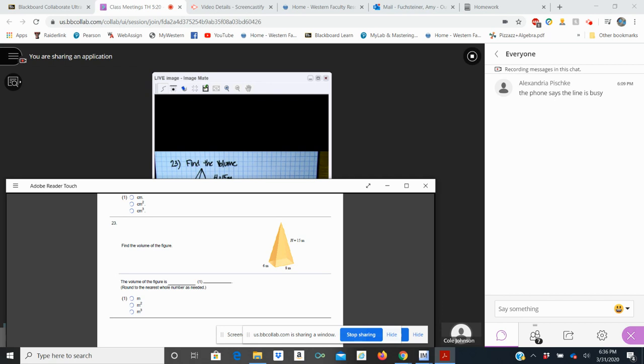And we did some of these last Thursday. I did double check and make sure that any composite volumes were eliminated from the test. So it'll just be, can you identify the figure and apply the correct formula? Do you know which figure this is?